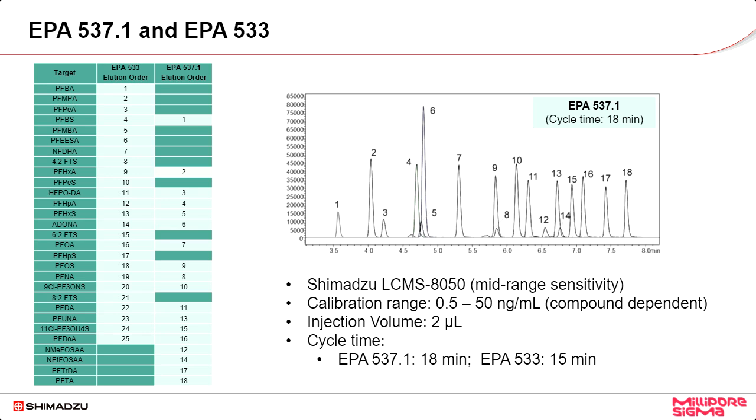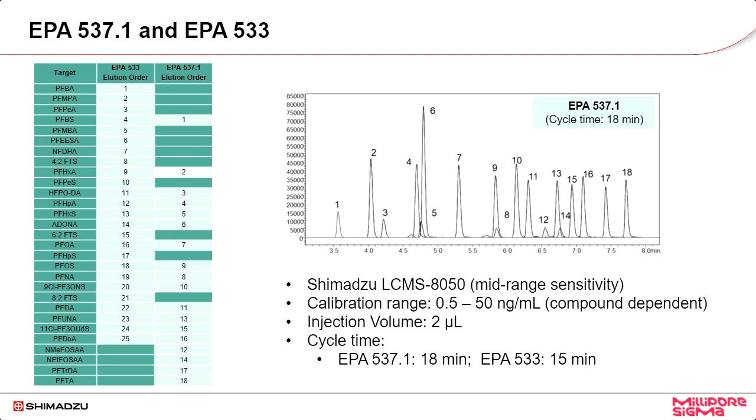The table on the screen lists the target compounds in both EPA 537.1 and 533. As you can see, 533 has more targets than 537.1. The chromatogram is an example of the results that we get for 537.1.